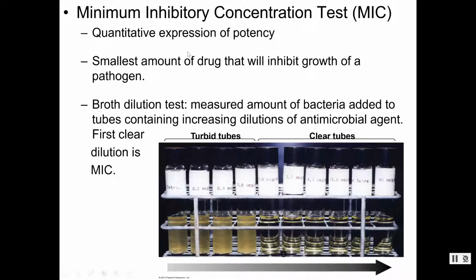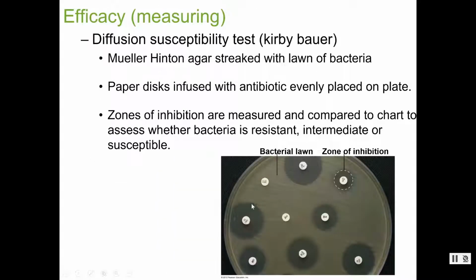All right, so how do I figure that out? We need to determine the MIC, and we talked about that in the Kirby-Bauer test too, the minimum inhibitory concentration. When we talked about it in lab, we said that the area, the zone here is the zone of inhibition, but this circumference is defined as the minimum inhibitory concentration.